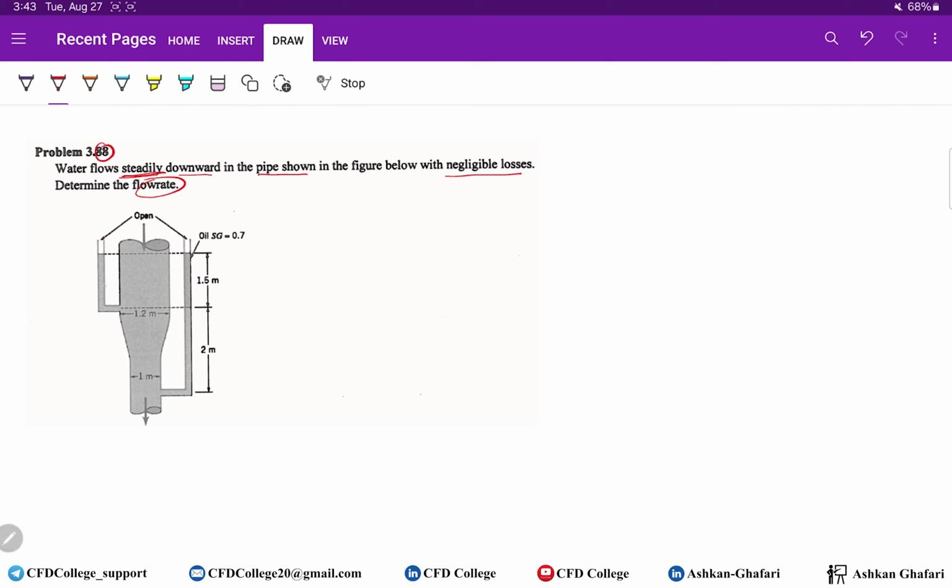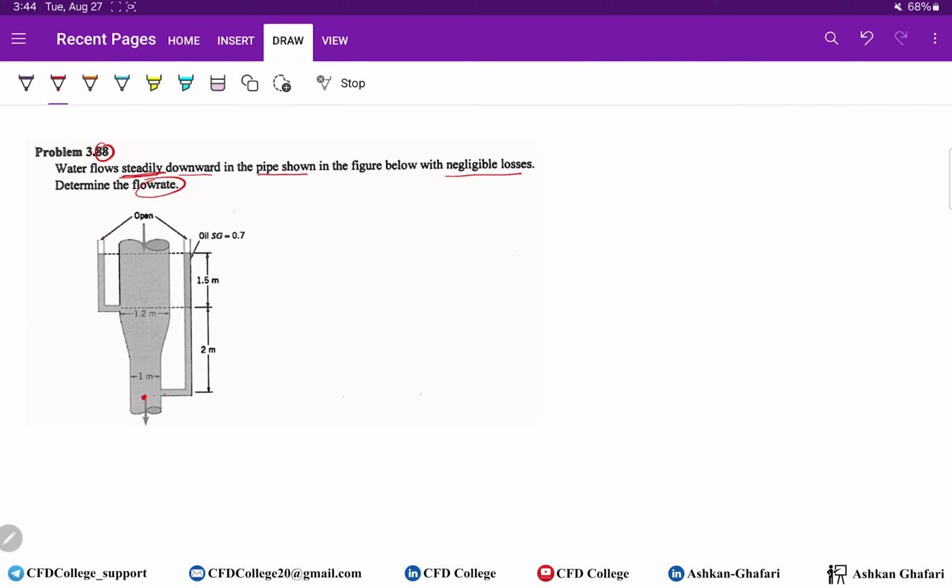You can see that we have two manometers and we have to use them for calculating pressure, and both of them can give us static pressure, not dynamic head. Now you know why, but we have to select key points.